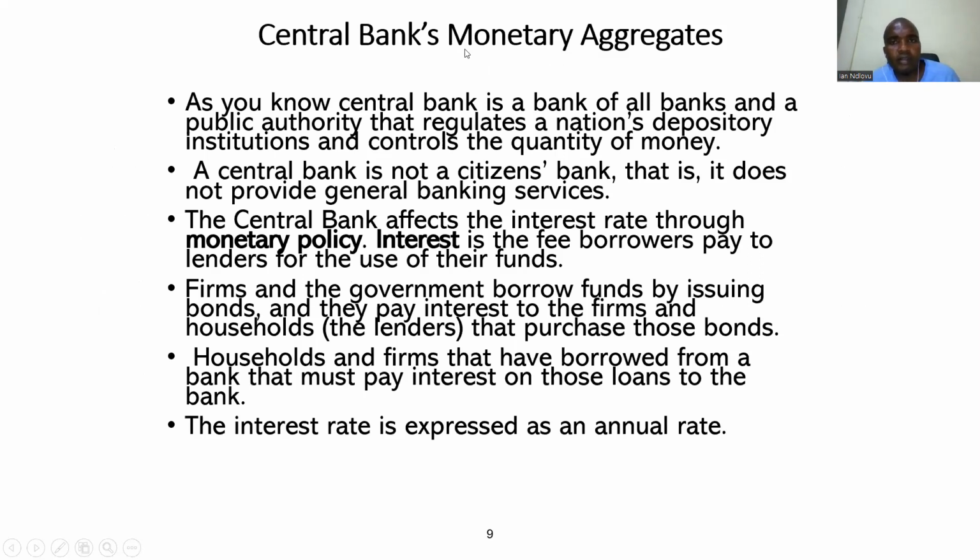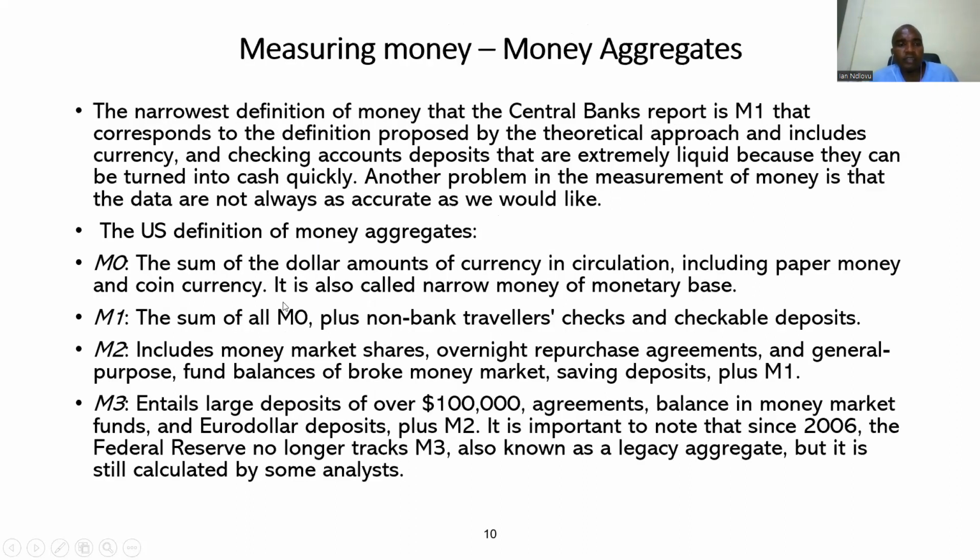So when we look at central bank aggregates, you realize that the central bank is a bank of all banks and a public authority that regulates a nation's depository institutions. So we know that a central bank is not a bank where we can go and do retail banking. So interest rates are influenced by the central bank through the institution of monetary policy.